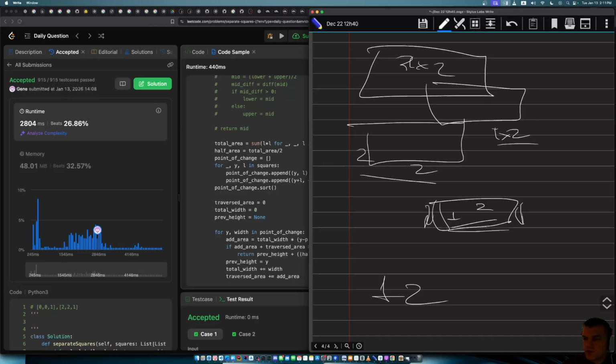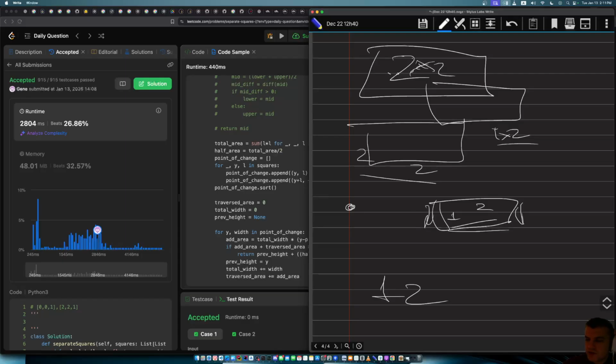Let's say 3 by 2 here. Oh, no, 2 by 2. So here 1 by 2 plus 2 by 2, that's going to be 4 by 2. 4 by 2 is 8. And then here 2 by 2, 4. So total is 12. So what they do is they have these change points.